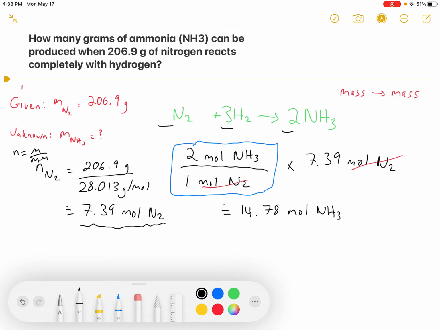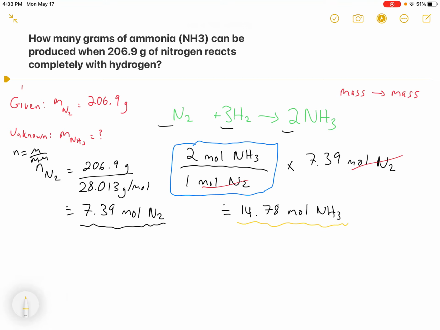What's really good about this is that we have now determined the moles of ammonia. So we can use that information to figure out what mass of ammonia has been produced, which is what we were asked for originally.